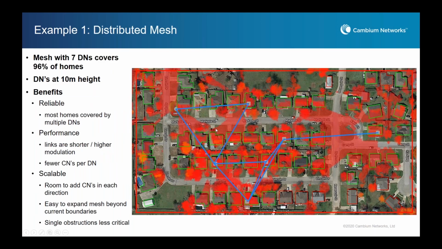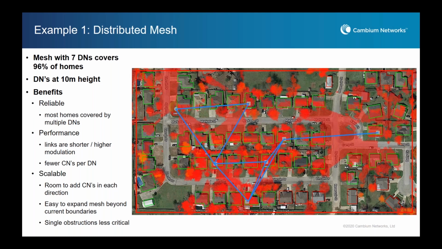What we recommend, and see as a great alternative, is what this distributed mesh capability provides. What you see here is a design example showing 7 distribution nodes spread through that neighborhood. The benefit is that none of these are more than 10 meters tall, and some of them are quite a bit lower than that, connected directly to the rooftop of the home.